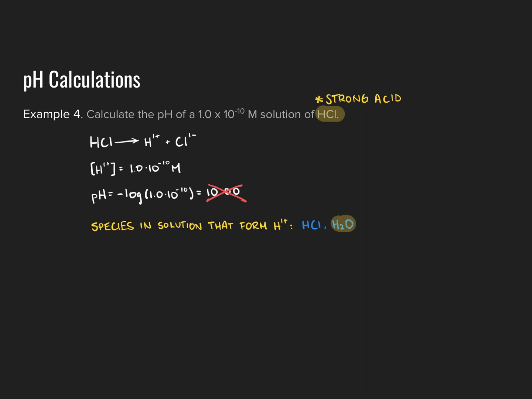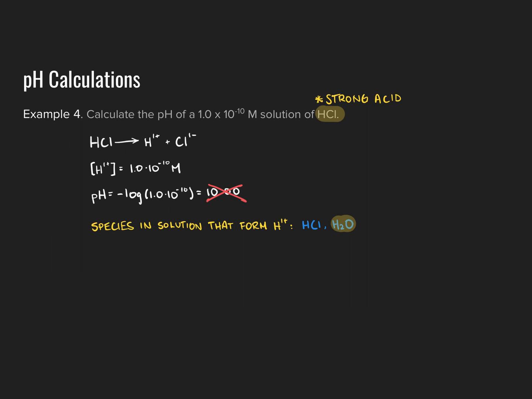Now, I recognize that hydrochloric acid is a much, much stronger acid than water is, recognizing that its Ka value is very large in comparison to water's very small Ka of 1.0 times 10 to the negative 14th. But I also recognize that for the strong acid HCl, my concentration of this acid is so very small, that is 1.0 times 10 to the negative 10th molar, that it's going to be producing hydrogen ions which are essentially 1,000 times lower in concentration than the hydrogen ions produced via the autoionization process in pure water.